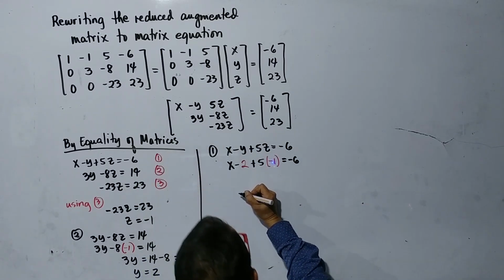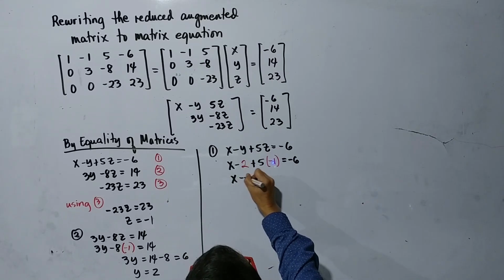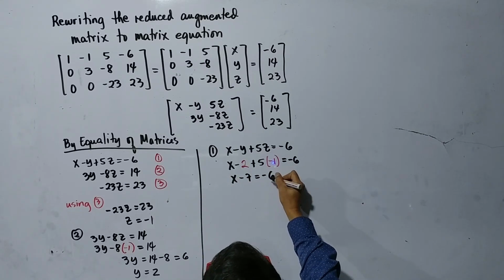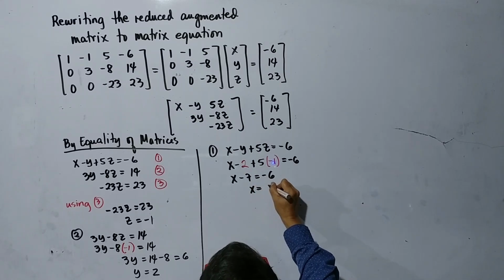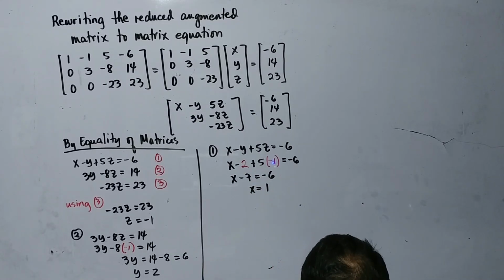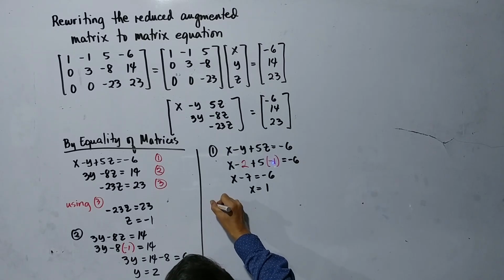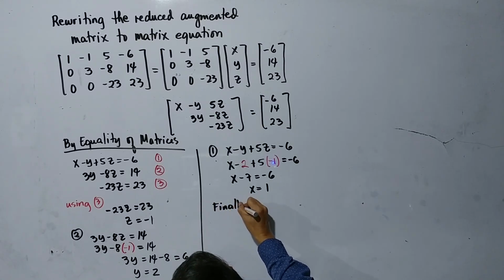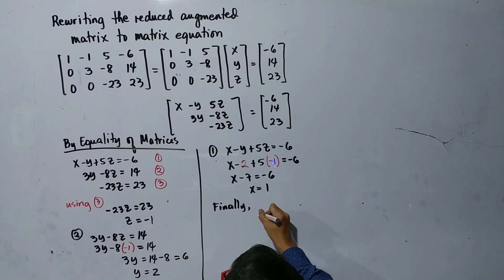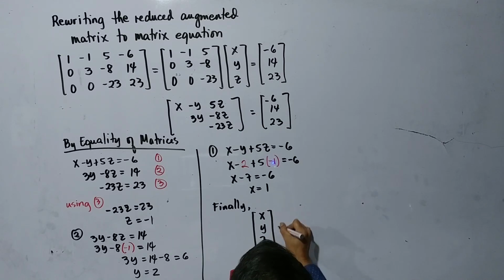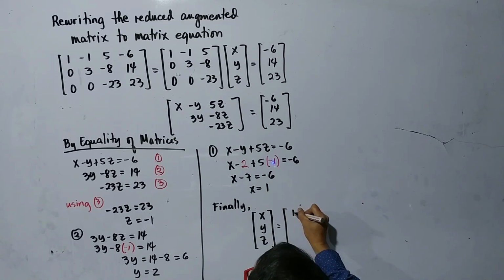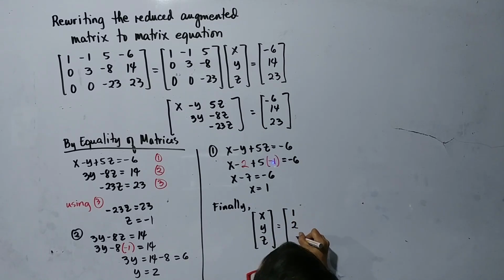So we have now x minus 7 equals negative 6, or x equals 1. Finally, your answer now is (x, y, z) equals (1, 2, negative 1).